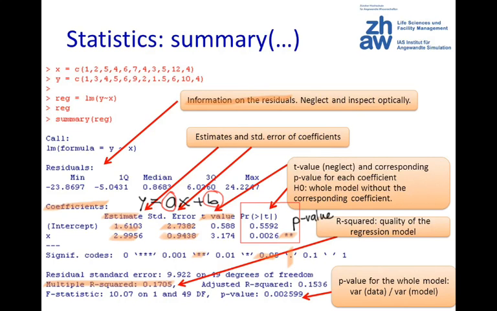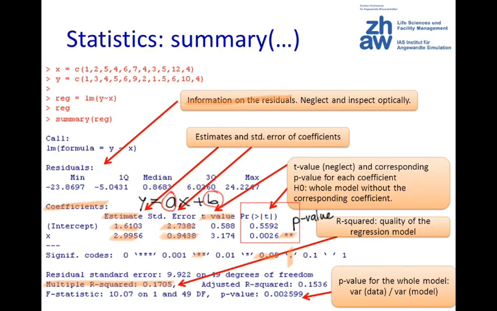If your regression model is of very high quality, then you will have a very high R squared. R squared is usually between 0 and 1. Here we have a very low R squared, meaning that our model is not qualitatively extremely valuable, or in other words, as you may remember, the correlation between y and x is not really high.